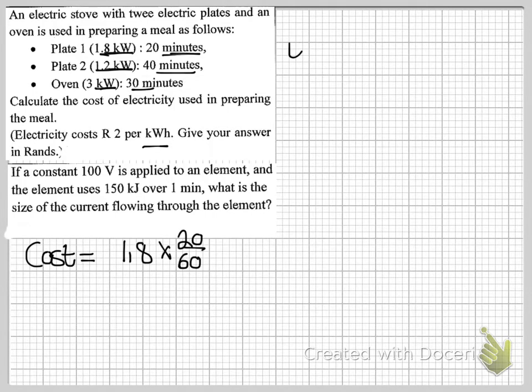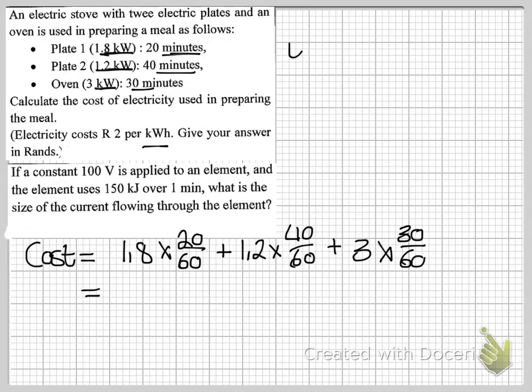We're using 20 over 60 because we're converting the kilowatt into kilowatt hours, right? And then we've got plate 2, which is 1.2 multiplied by 40 over 60, and we've got our oven, which is 3 multiplied by 30 over 60.